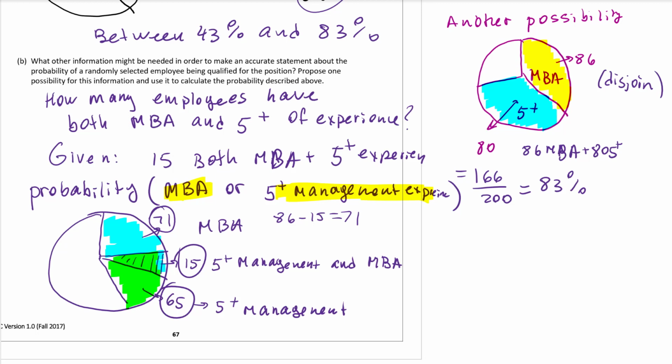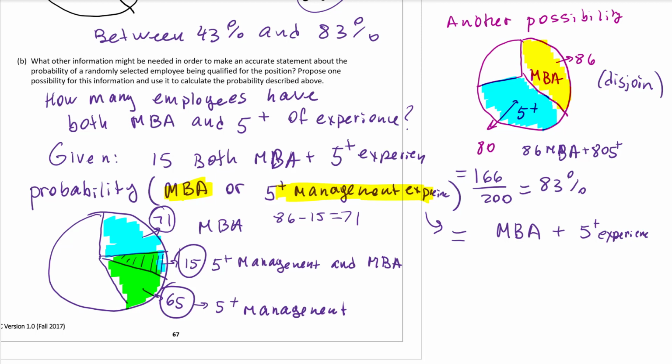Okay, so this was a little complicated, correct? We need some kind of an easier way to understand this, and there's a logical way to do this. If you want to answer the question on probability, here's what we're going to do. We're going to count how many people have an MBA. We're going to count how many people have 5+ years of experience.